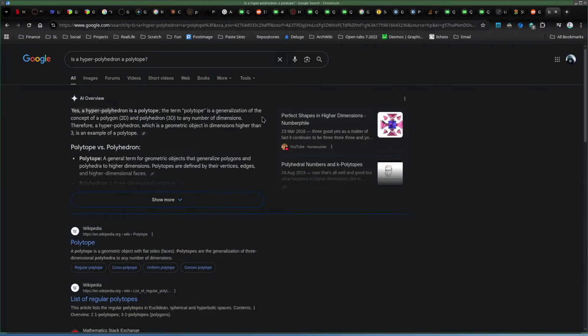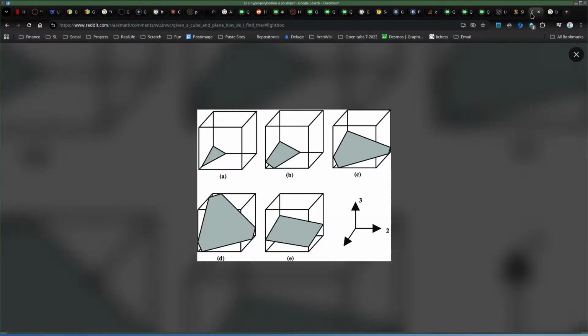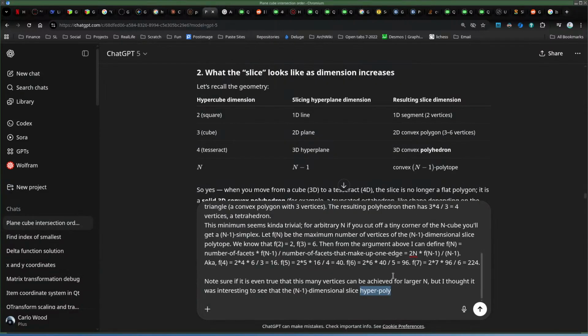A polytope is a generalization of the concept of a polygon 2D, polyhedron 3D, and any number of dimensions. So a hyperpolytope is a bit nonsense. I was going to call it a hyperpolyhedron, but I'll just use polytope then.